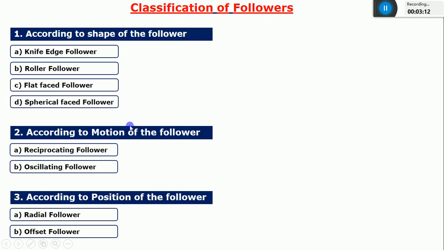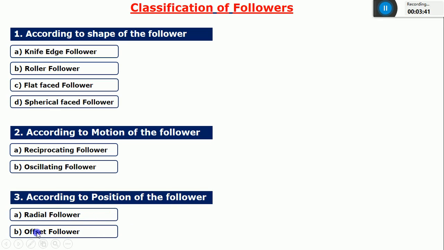After that we discussed according to the motion of the follower. If the follower has a reciprocating type of motion, it comes under reciprocating follower. If the follower is oscillating, it comes under oscillating follower. Then we discussed the last one, according to the position of the follower. If the axis of the follower passes through the center of the camshaft, it comes under radial follower.